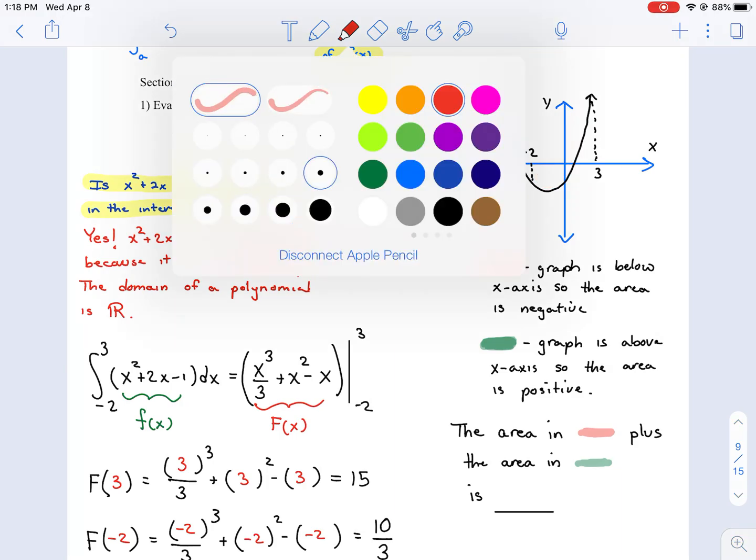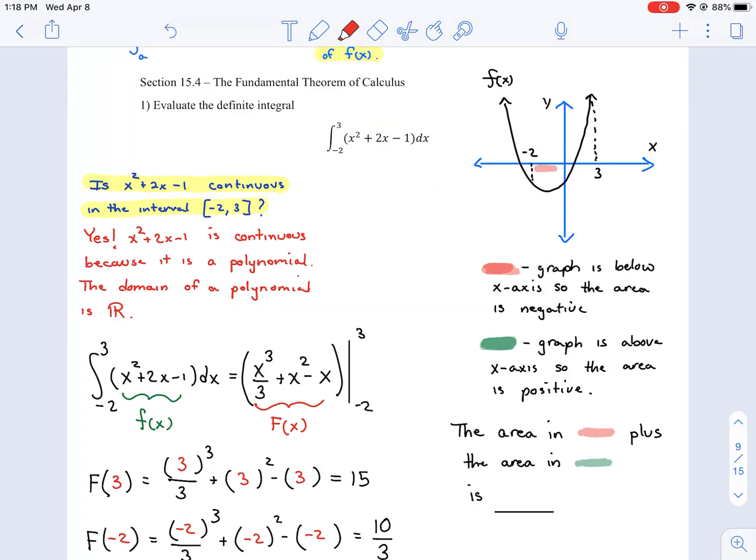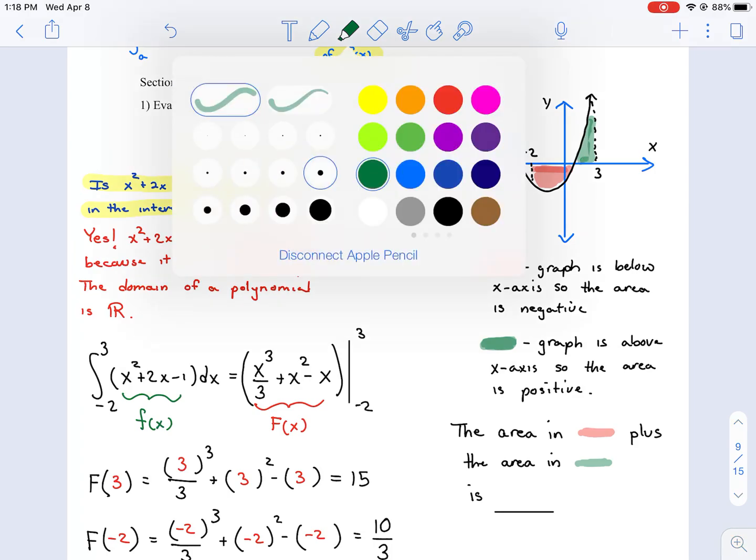Actually, I'll do it again, but I'll make the shading a little smaller. I'm going to shade this portion below the x-axis in red, and I'm going to shade this portion above the x-axis in green.